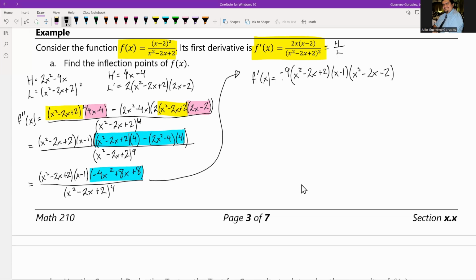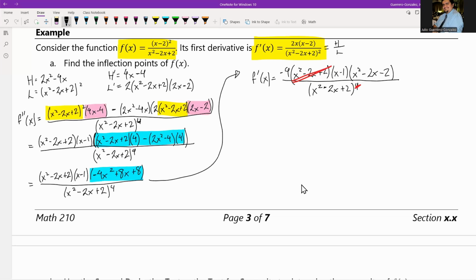So notice that it's a minus 2, not plus 2. So we can't cancel that out, but watch what's going to happen right now. So the bottom is still going to be x squared minus 2x plus 2 to the 4th. Now, remember when I factored out one of these up front, so at the very beginning, this one cancels one of these.